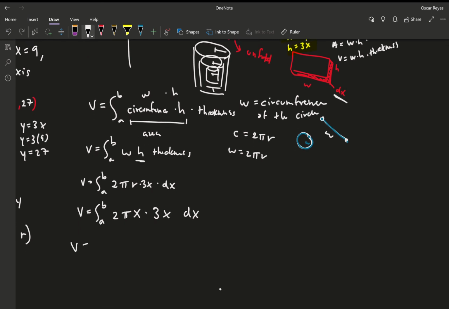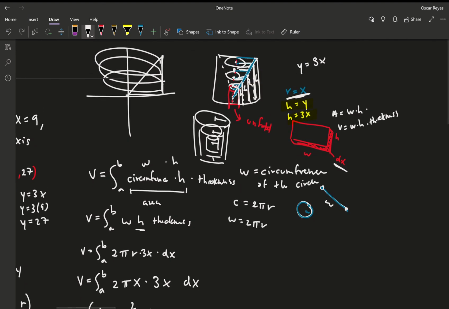Now that we have everything in respect to x, we can simplify this, which is going to give us 6 pi x squared dx, our integral between a to b. And since these are in respect to x, like I stated earlier, we need to know what this value is here and what this value is there.